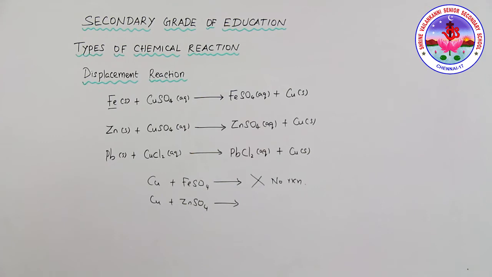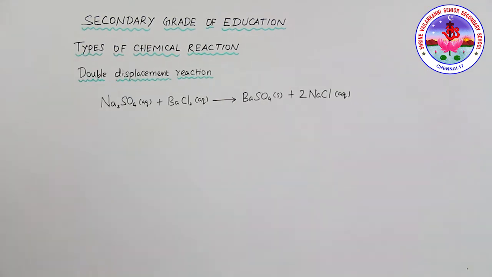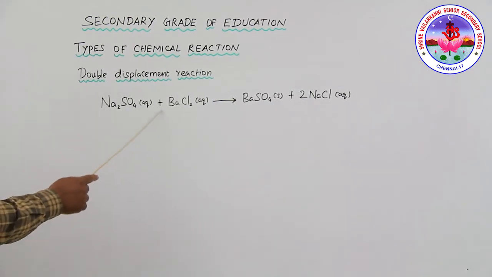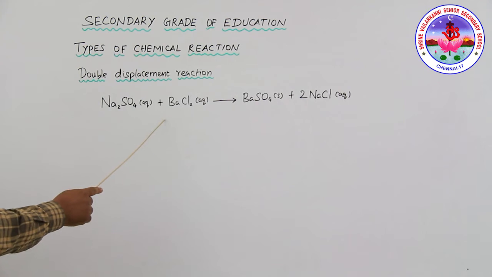Next we will see the double displacement reaction. In a double displacement reaction, you will observe, as we already saw, that some insoluble substances form, called a precipitate. Any reaction that produces a precipitate is called a precipitation reaction. For example, here sodium sulfate reacts with barium chloride.